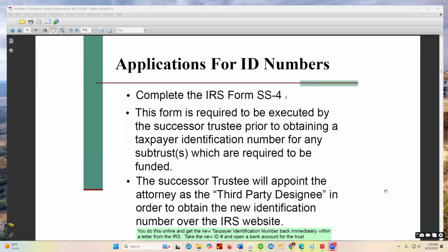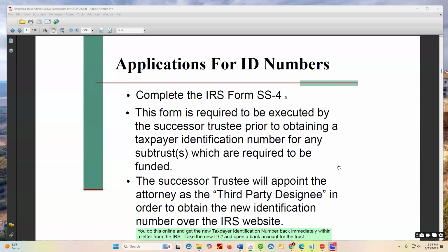Okay, application for a federal ID number. When someone dies, their social security number is frozen. When the bank finds out somebody died, they'll close the bank accounts until you get a new ID number for the estate. For a revocable trust, the ID number for tax purposes is the trust settlor's or trust creator's social security number.